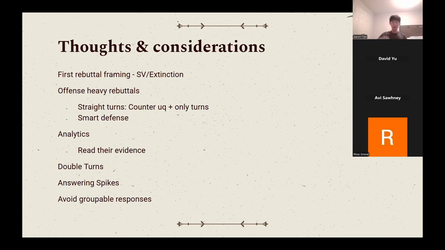The first is about first rebuttal framing. Framework or framing issues are ways that you can indicate to the judge how you should look at the round, what lens you should evaluate the round through, and in doing so, you give them a playing field on what impacts they should consider. The most common ones are structural violence or extinction.